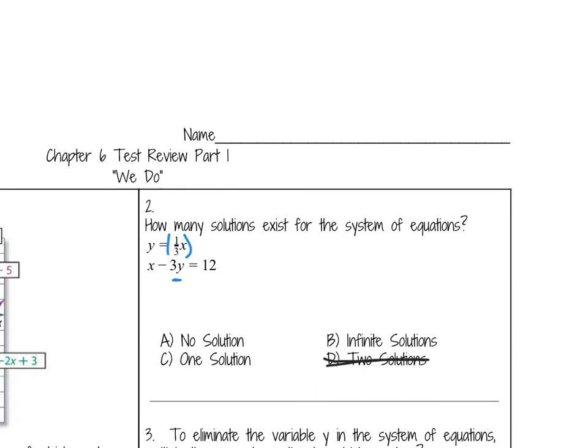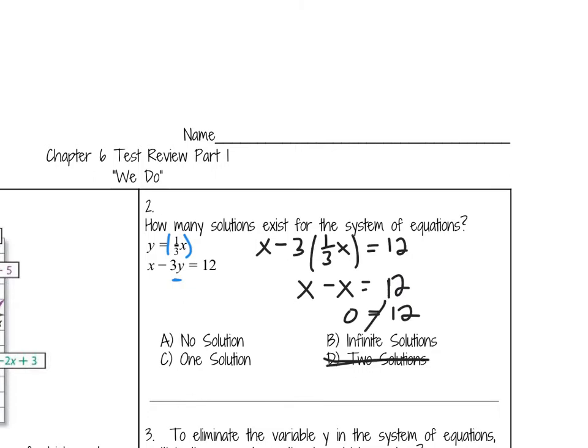We have x minus 3, and then replacing the y with 1/3 x, and then equal to 12. 3 times 1/3 is, of course, 1, and so we wind up with x minus x equal to 12. x minus x is, of course, 0, and 0 equal to 12. Now, it turns out that this is a false statement. This is not true. And so because of the falseness of this statement, we understand that we have no solution.